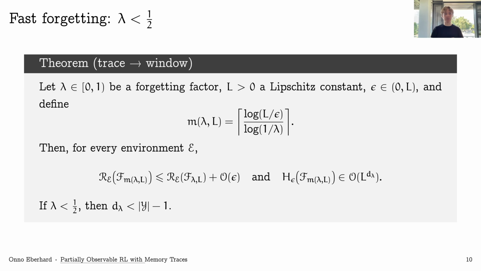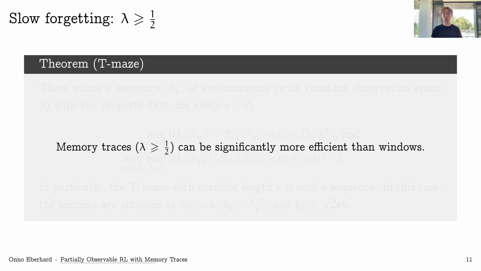So given a Lipschitz constant L and a forgetting factor lambda that is less than 1/2, we can construct a window length M such that the return error achieved with both function classes is comparable, and the metric entropy of the windows scales according to our upper bound on the metric entropy of memory traces. However, this result only holds if lambda is less than 1/2.